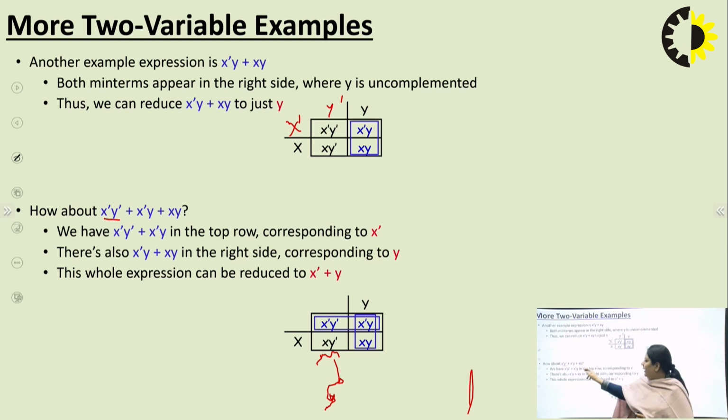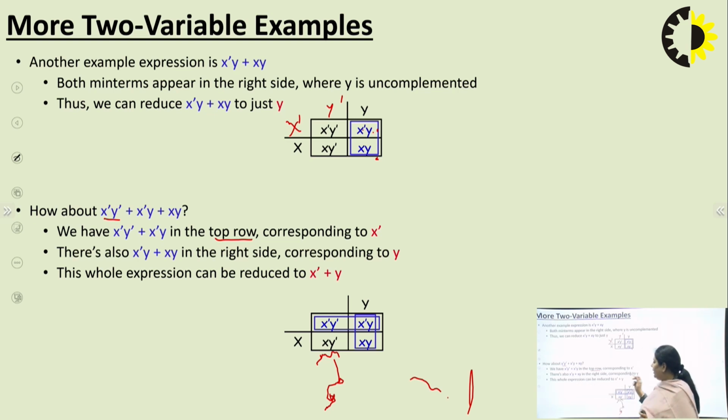We have x dash y dash and x dash y in the top row corresponding to x dash. There are also x dash y and xy in the right side, corresponding to y.